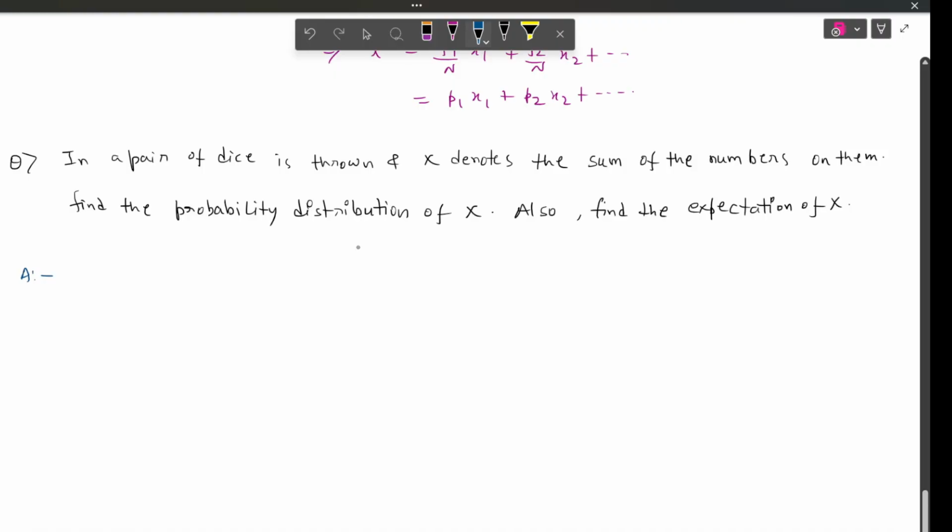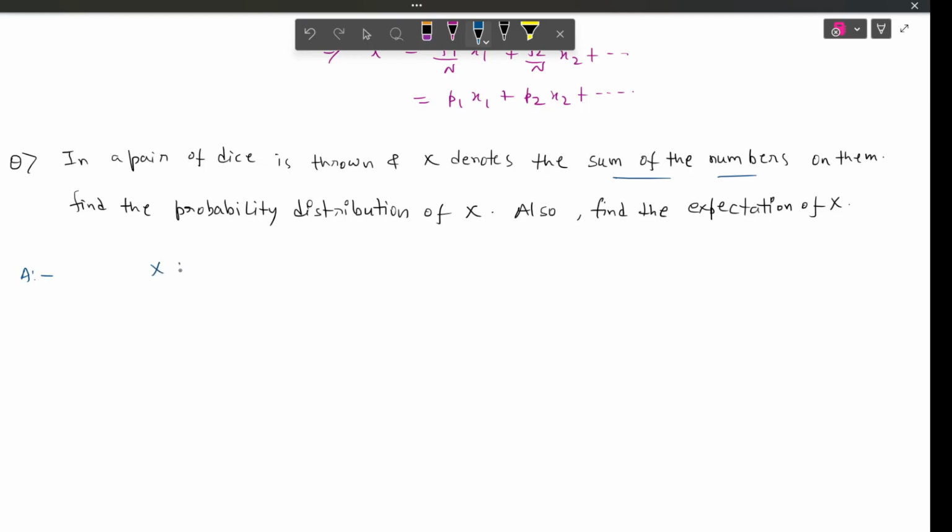See, in a single throw of a pair of dice, the sum of the numbers is 2, 3, 4 up to 12, because the last number would be 6 and 6, so it would be 12. Because you need the sum of the numbers. So x can assume values from 2 to 12, right? Because the minimum can be 1 and 1, that is 2.